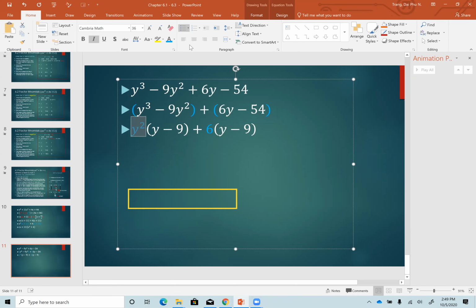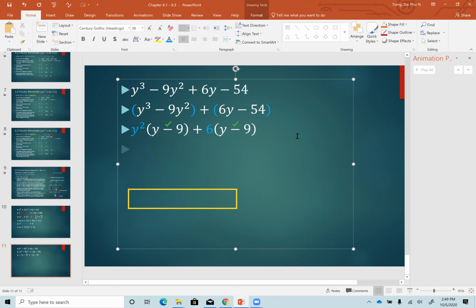And do you agree that this item, y minus 9 and y minus 9, is the same? And ladies and gentlemen, at this location right here, you need to have the exact same item in your parentheses. If you don't have the exact same item in your parentheses, like I mentioned, we did something wrong.